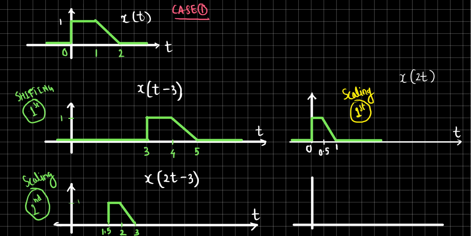So the expression would be x of 2t minus 3. So the signal is shifted by a factor of 3.